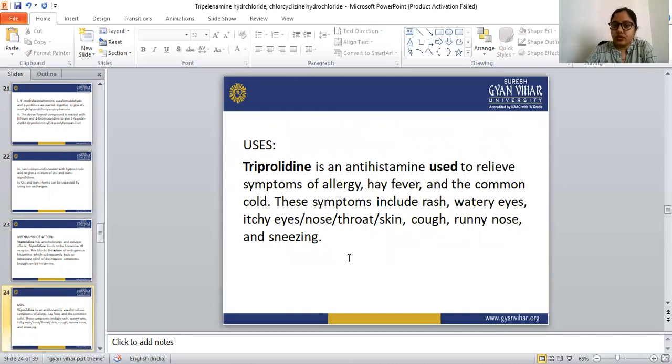Let's see what the uses of triprolidine are. Triprolidine is an antihistaminic agent that is used to relieve symptoms of allergy, hay fever, and the common cold.